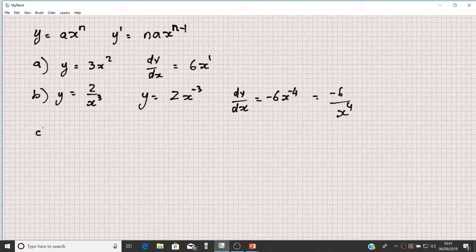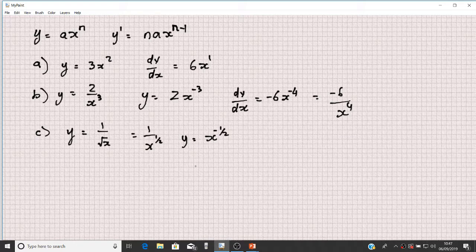The final example in this first question was y equals 1 over the square root of x. Again, we have to write this in power form, which we know is 1 over x to the power of a half. In order to use the formula, we will use y equals x to the power of minus a half.